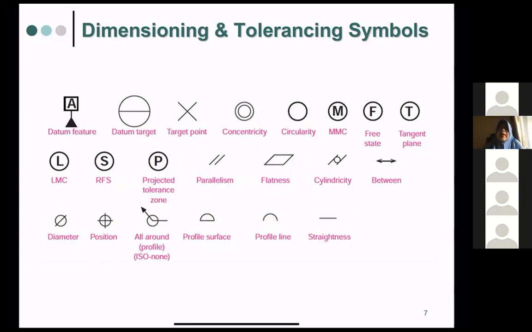Okay, as in the video that we watched before, we are going to learn a lot about the symbols, the referencing, and how to write them into the geometric tolerance, to make sure that every part can fit together and be assembled.